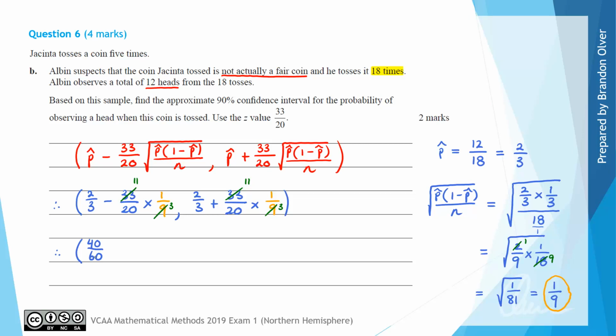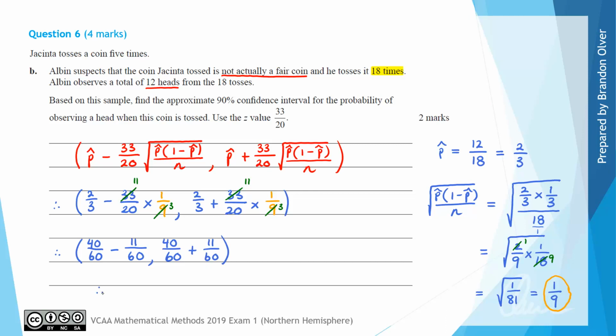And hopefully you'll see in a minute why I wanted a common denominator of 60. That's because we're about to subtract off that 11 times 1 is 11, divided by 20 times 3 is 60. And then we just have on the other side 40 over 60, which is our p hat value, plus the same value of 11 over 60.